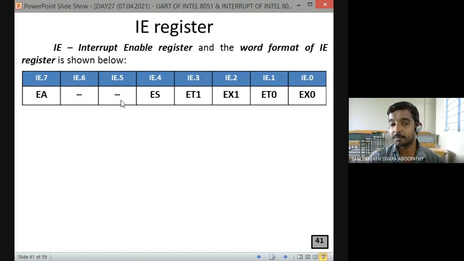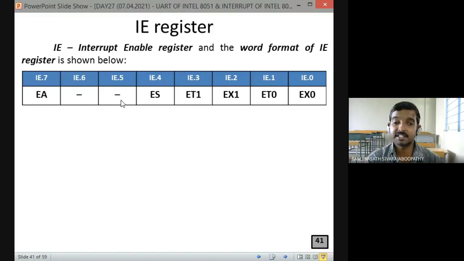What are the 5 interrupts? Can you type them in priority order in the chat? Which one has the highest priority? External interrupt 0, correct? Yes.